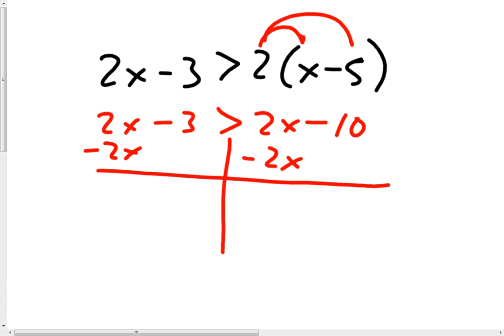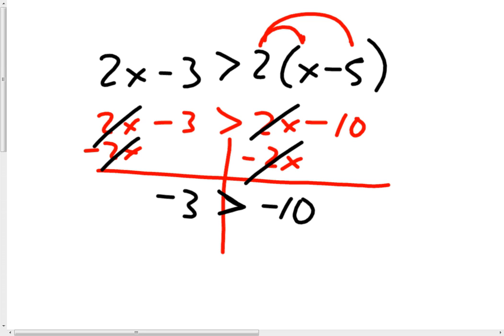They disappear. Do we like that? All the x's went away. We're left with -3 greater than -10.